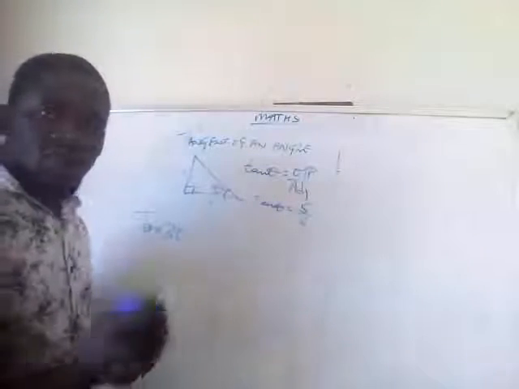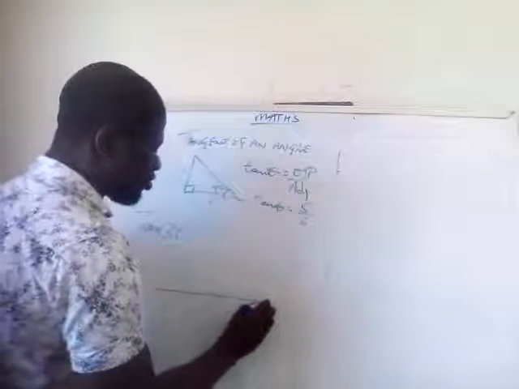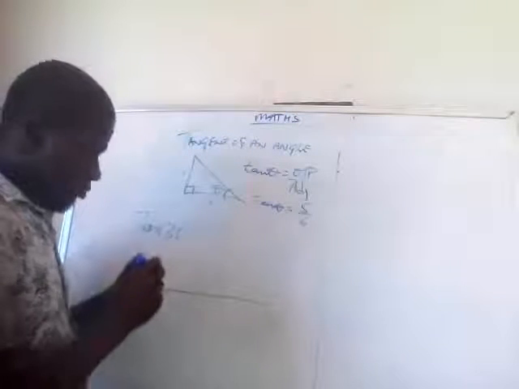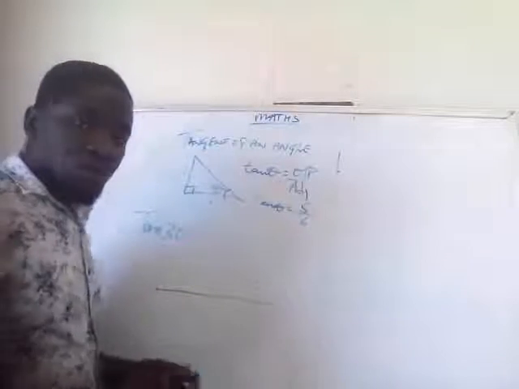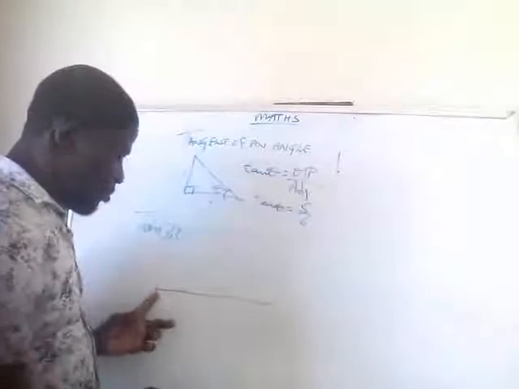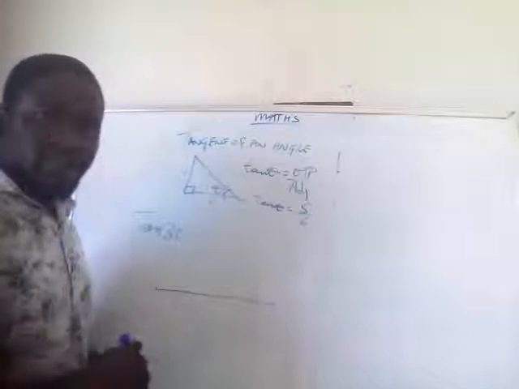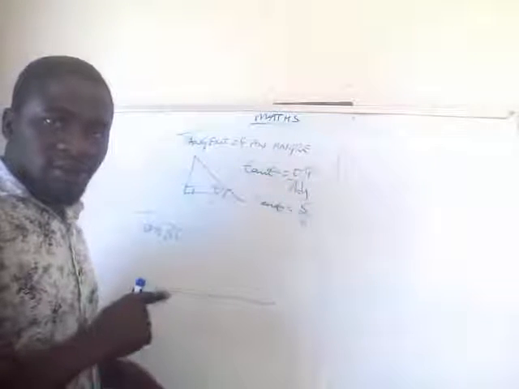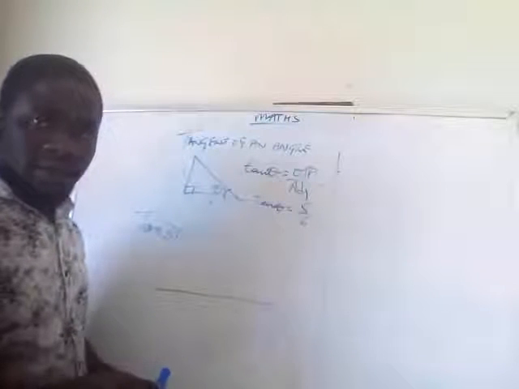The first thing you will do is to draw a horizontal line. You put your protractor at this point and measure 30 degrees starting from 0, on the right hand side.